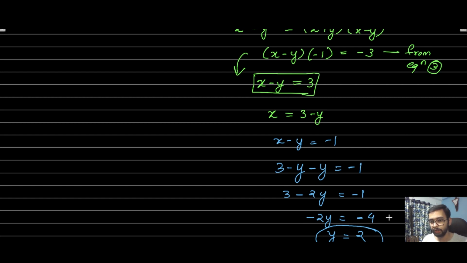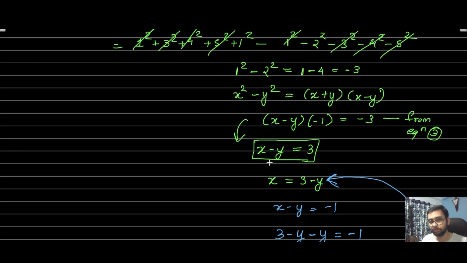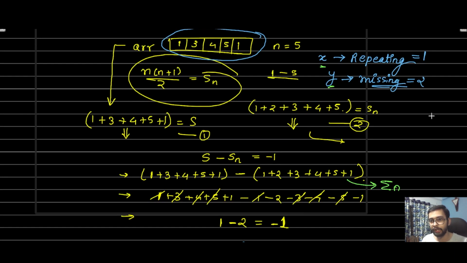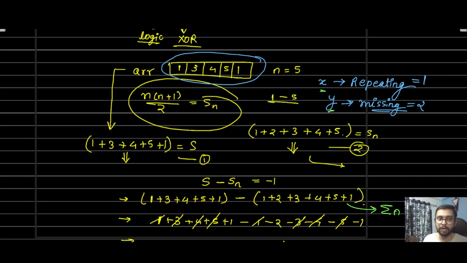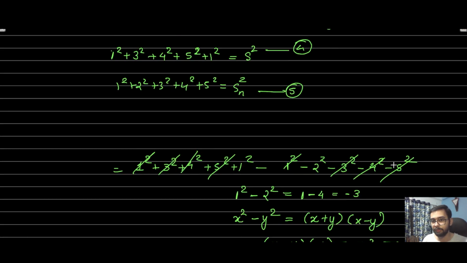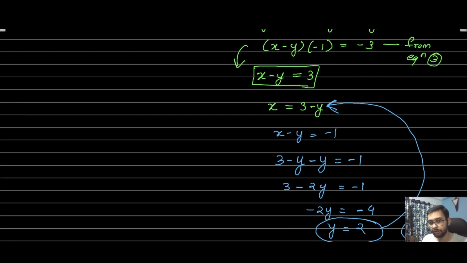Again substituting it in this equation, we'll get x equal to 1. We have understood that before, we had marked these two by intuition, the repeating and the missing, and now we have solved for these values and got both by logical approaches.